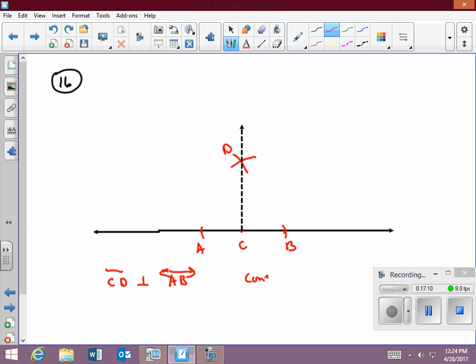That's construction. Okay. Dang it. 30-degree angle. You've got to get.